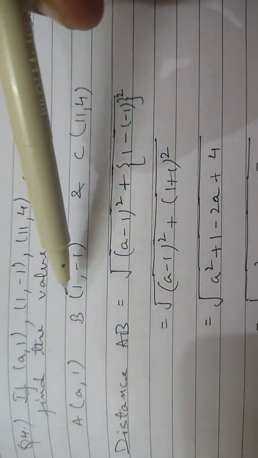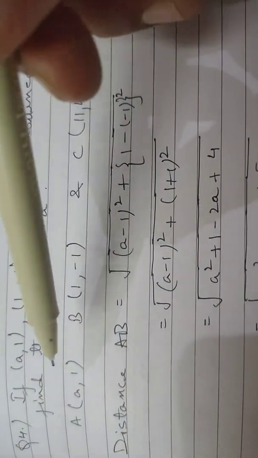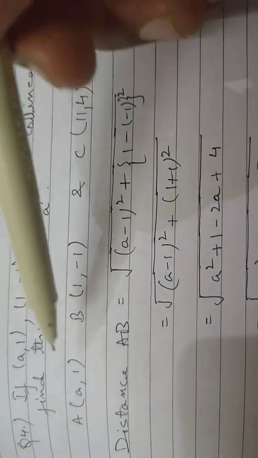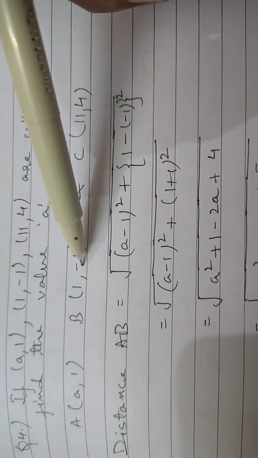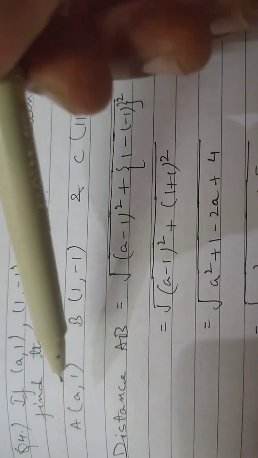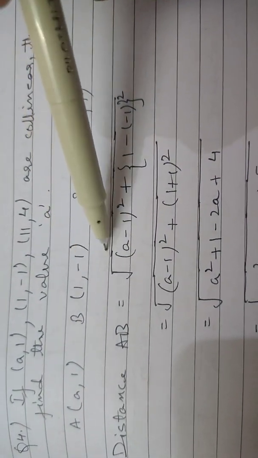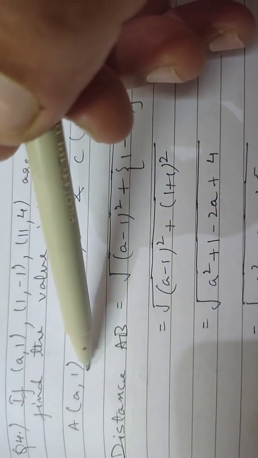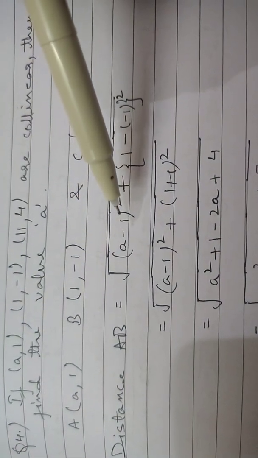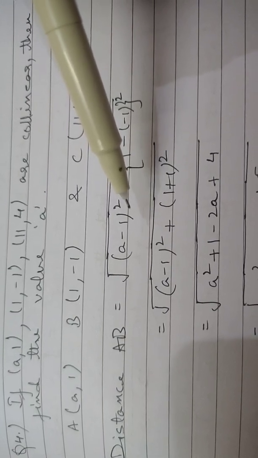So the distance between them, again, is up to our choice. Out of these 2 points, we can take any one point as x1 y1, so the other will be x2 y2. So I'm going to take this point as x1 y1 and this point as x2 y2. The formula for distance says under root, (x2 minus x1) whole square plus (y2 minus y1) whole square.